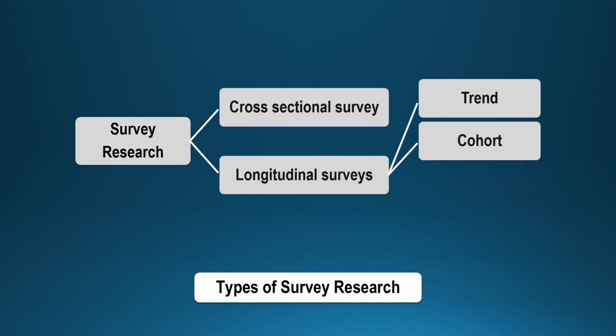For example, you are interested in the enrollment trend for the last 10 years, whether there is an increase or decrease in the enrollment in a particular discipline. Or it can be a cohort study, which includes a defined population, but different samples are selected over a period of time from the same defined population.